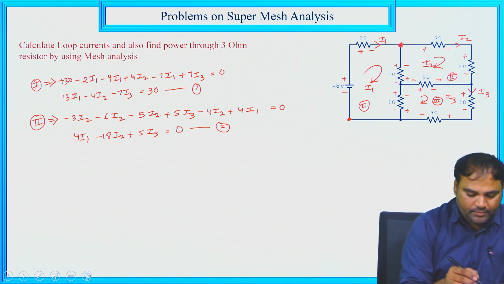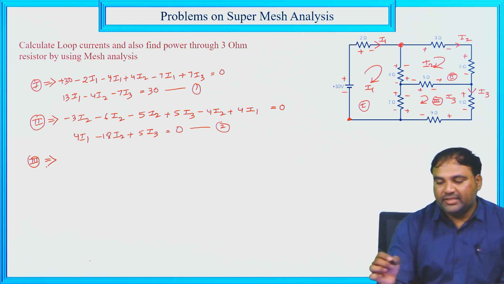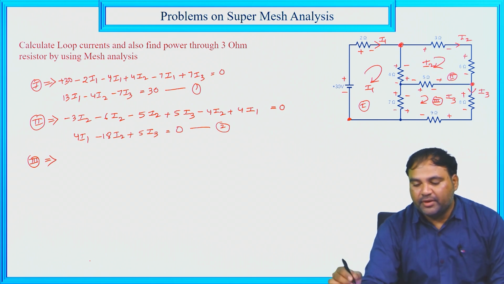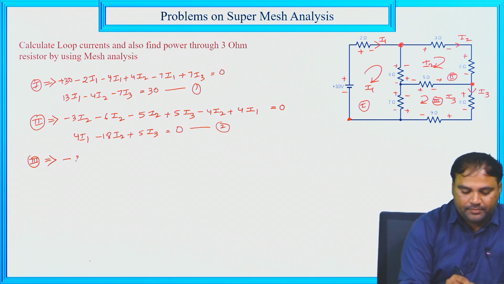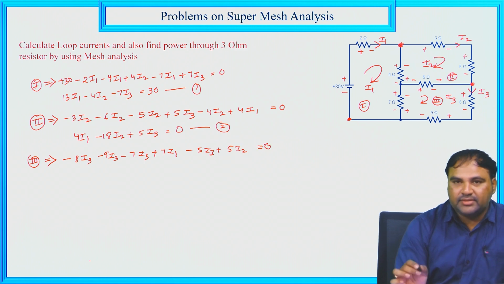So here the third loop equation. In this case, I am starting from this point. So minus 8I3, minus 9I3, minus 7I3, plus 7I1, minus 5I3, plus 5I2, that is equal to 0.